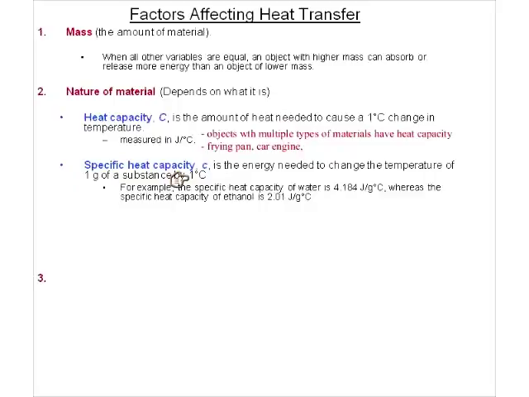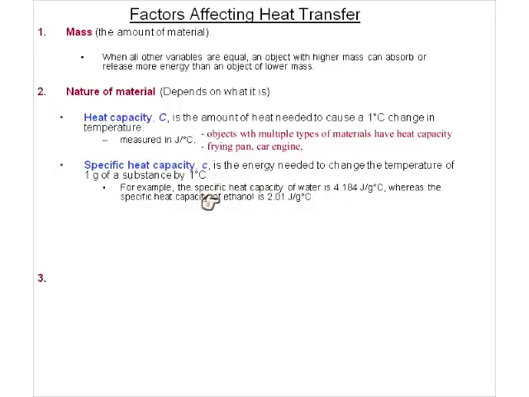So there's no confusion, there's nothing else involved, there's only one type of metal or only one type of liquid, and it's a pure substance. We would take 1 gram of it and see how much energy it takes to heat it by 1 degree Celsius. So for instance, the specific heat capacity of pure water is 4.184 joules for 1 gram to heat it 1 degree Celsius. The specific heat capacity of ethanol would be less than half.